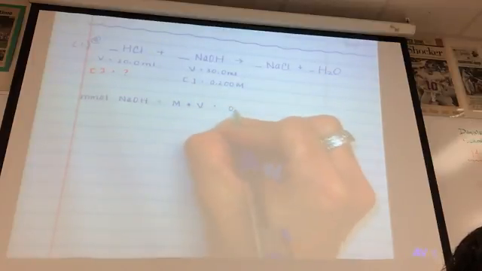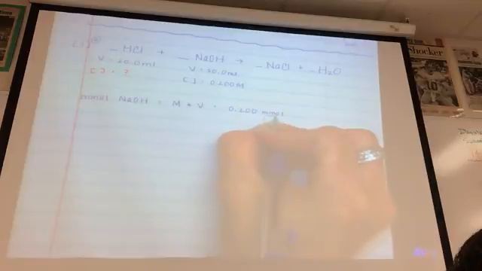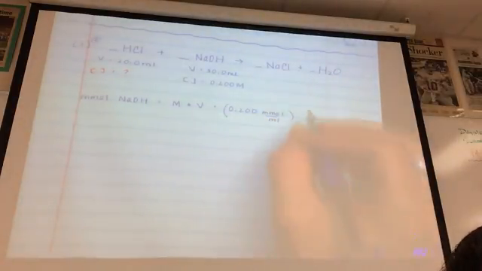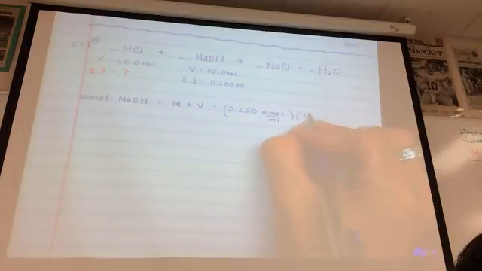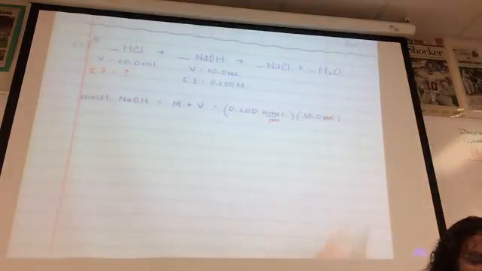You've got 0.200 molar. I'm going to write that out as millimoles over milliliters. And you're going to multiply that by 30 mL. And you'll see that the mL will cancel here.